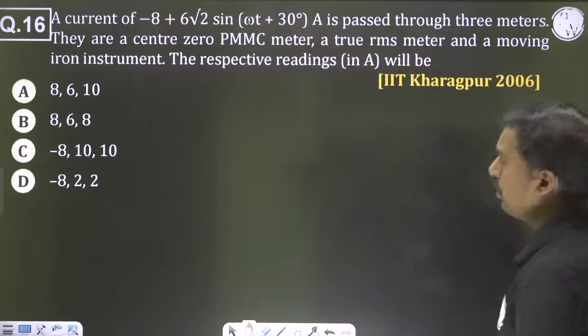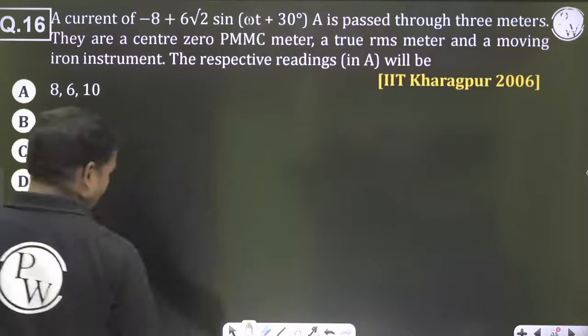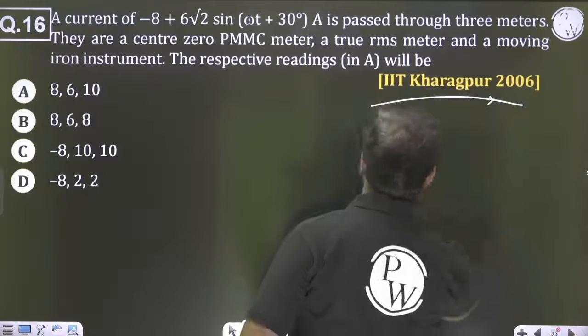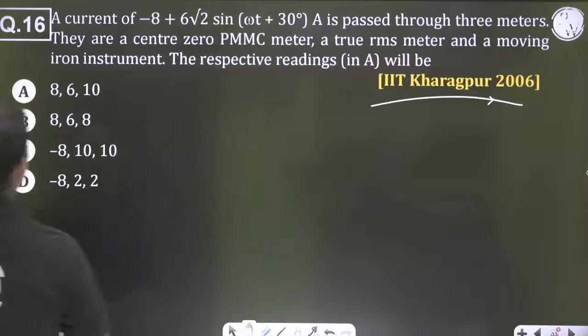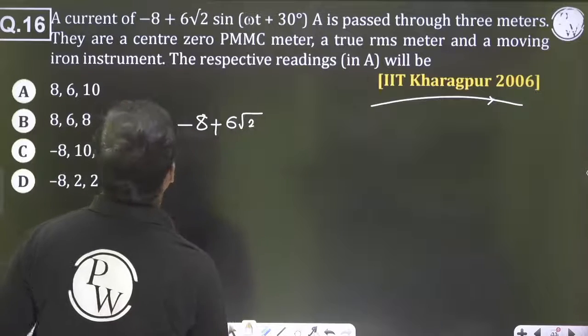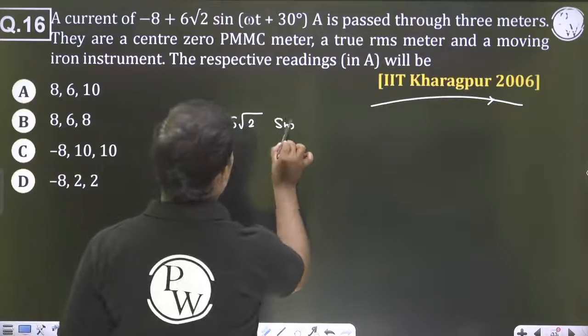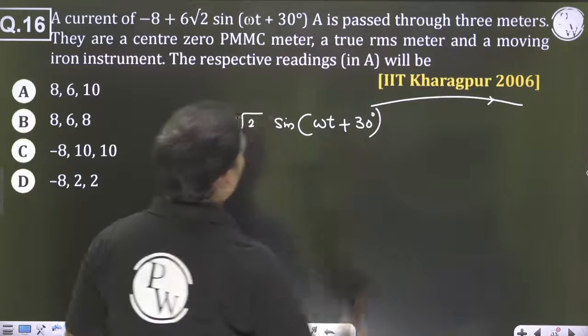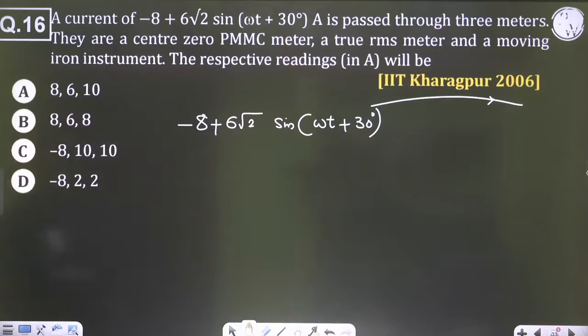Question number 16, which was asked by IIT Kharagpur. A current of minus 8 plus 6 root 2 sine omega t plus 30 degrees is passed through 3 meters.